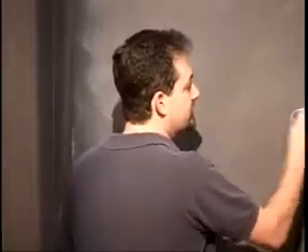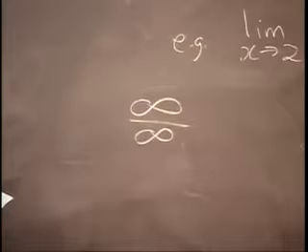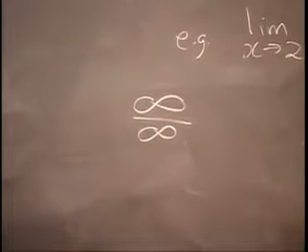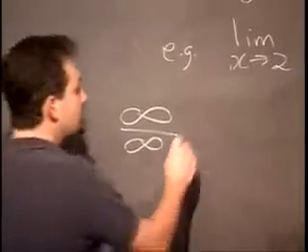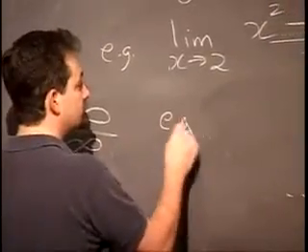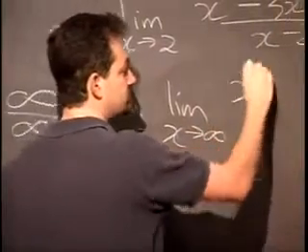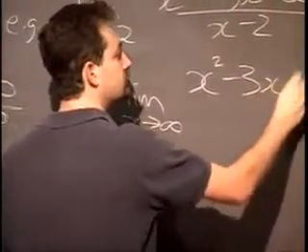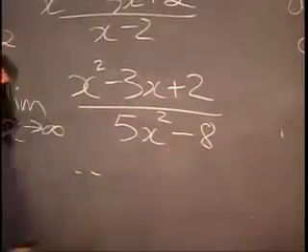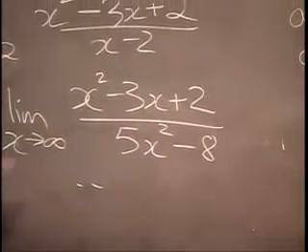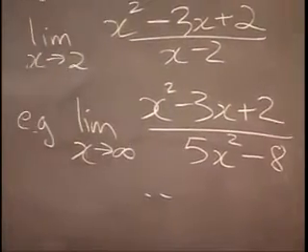On the other hand, what if it's more of the infinity over infinity case? That's large values. Well, there you don't need to factor. In fact, you don't want to factor. In this sort of example, limit as x goes to infinity, you don't want to factor the top, really, even if you can, which you can. You could factor the bottom, too, if you really want to.